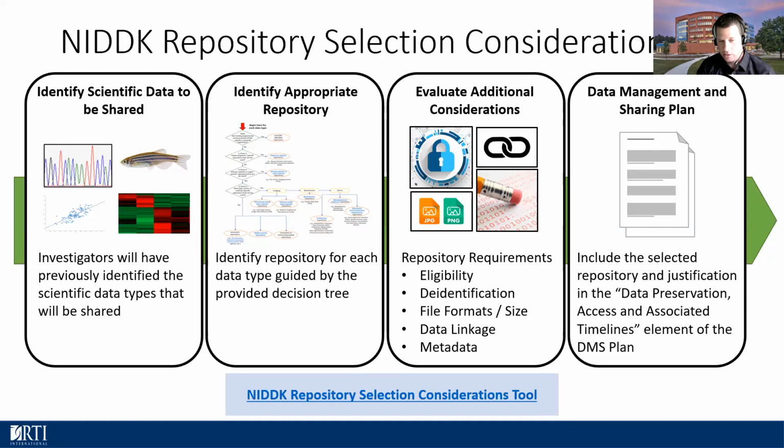There may be additional considerations about eligibility for accepting that study type, identification or de-identification, the file formats that are acceptable to the repository, as well as data linkage and metadata. There's also information in this tool which describes how to include this information into your DMS plan.